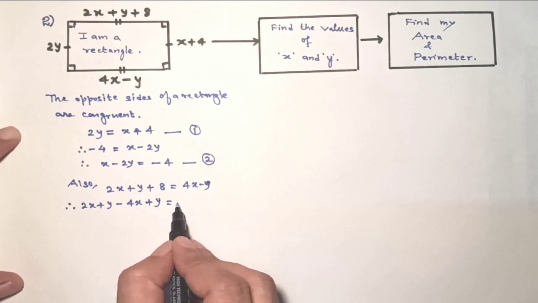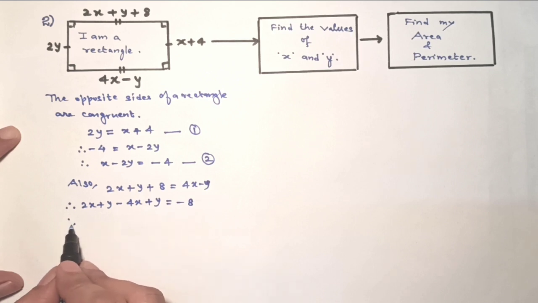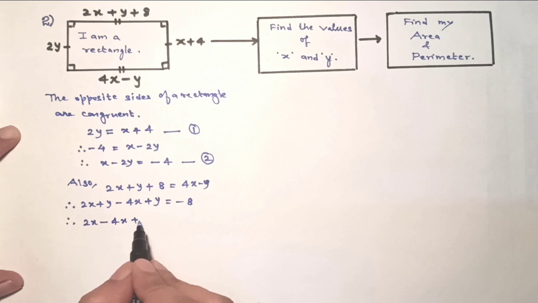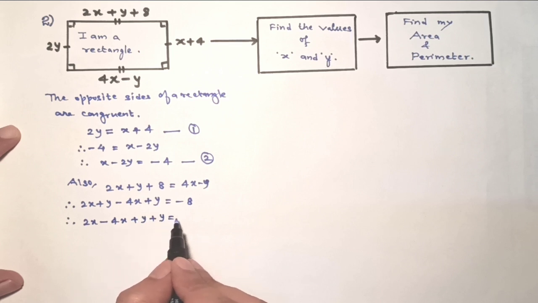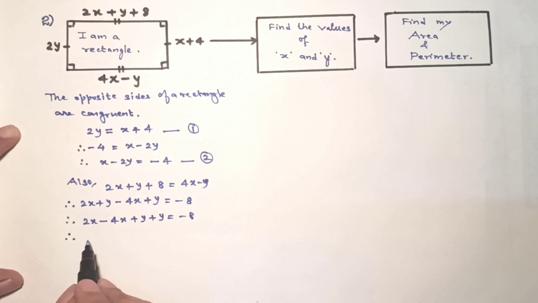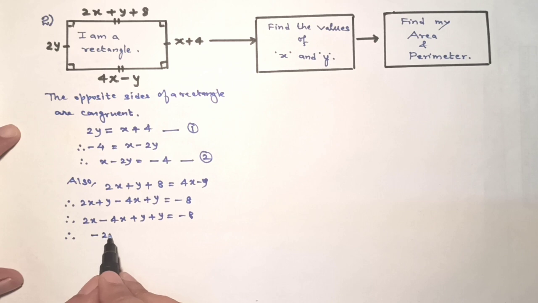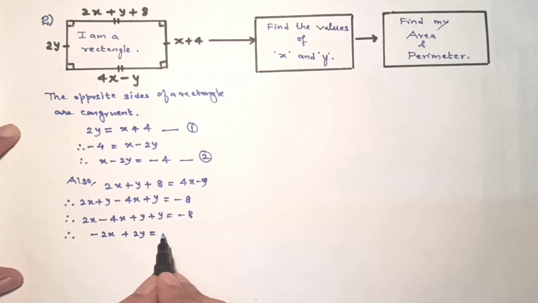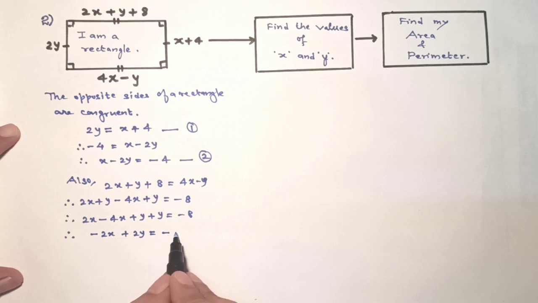So plus y is equal to minus 8. Therefore you can write 2x minus 4x plus y is equal to minus 8. Therefore you have minus 2x plus 2y, which is equal to minus 8.